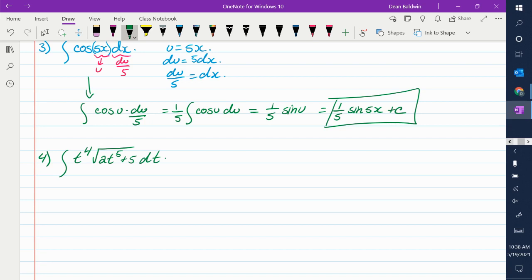All right, what is u going to be? All the stuff inside the square root. So u is equal to 2t to the 5th plus 5. What's du? 10t to the 4 dt.